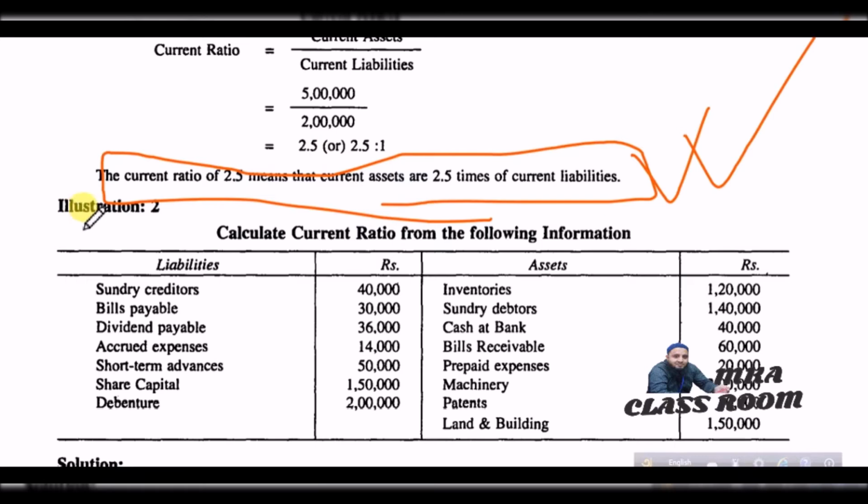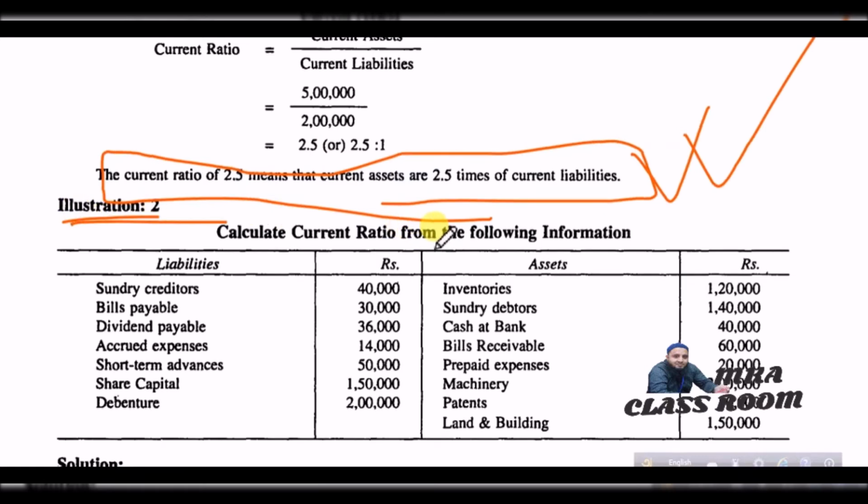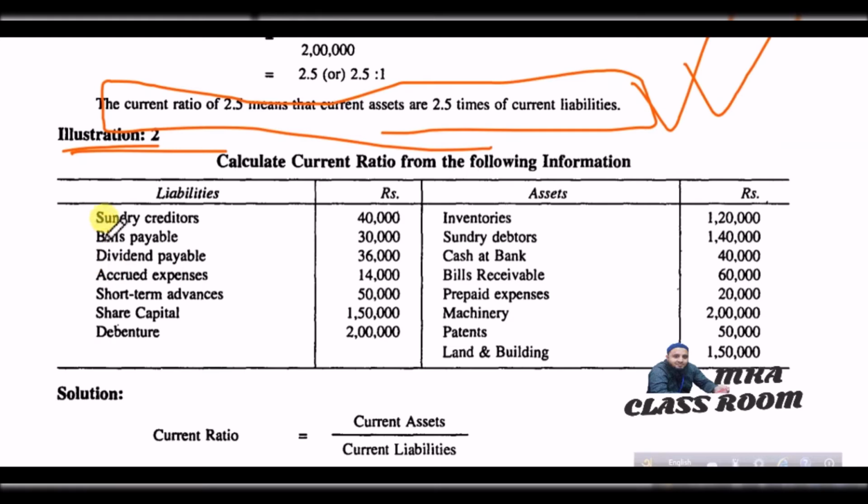Now we will see example 2. Illustration 2: calculate current ratio from the following information. Here sundry creditors, bills payable, dividend payable, accrued expenses, short term advances, share capital, debentures, inventory, sundry debtors, cash at bank, bills receivables, prepaid expenses, machinery, plant, land and building.